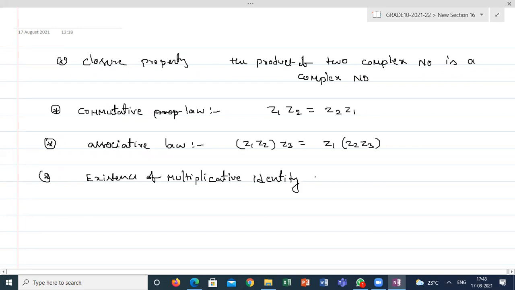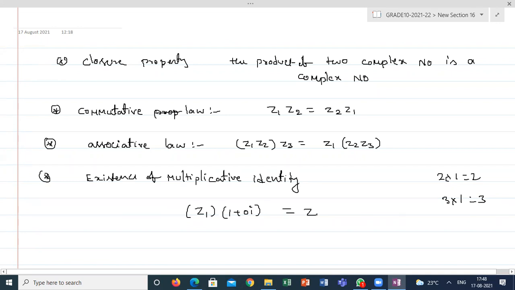What is the multiplicative identity of general numbers? 2 into 1 is 2, 3 into 1 is 3. Additive identity is 0, multiplicative identity is 1. Same as the multiplicative identity of a complex number is 1. Suppose Z1 is a complex number, Z1 into 1 plus 0i will give Z1 only.